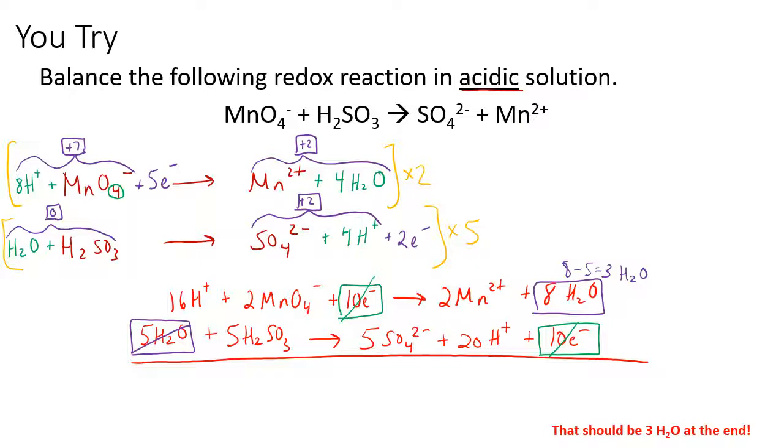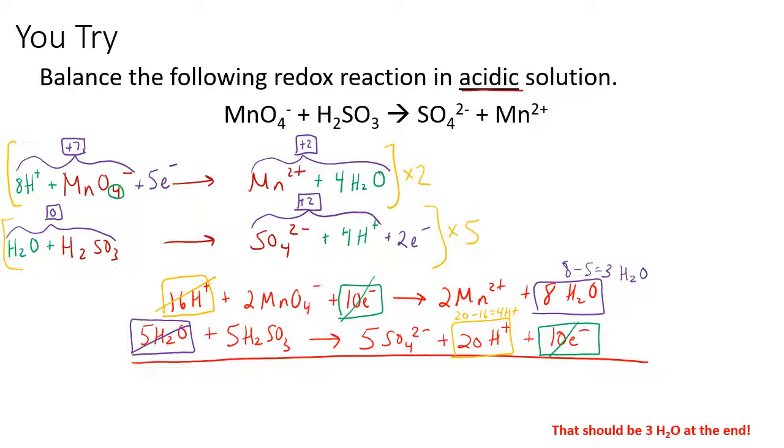In terms of our hydrogen ions, we had 16 hydrogen ions on the left, 20 hydrogen ions on the right. All 16 will cancel, and we'll be left with 20 minus 16, or 4 hydrogen ions left over on the right-hand side as well. So now when we add everything on the left-hand side and the right-hand side of the arrows, we've already simplified our equation.